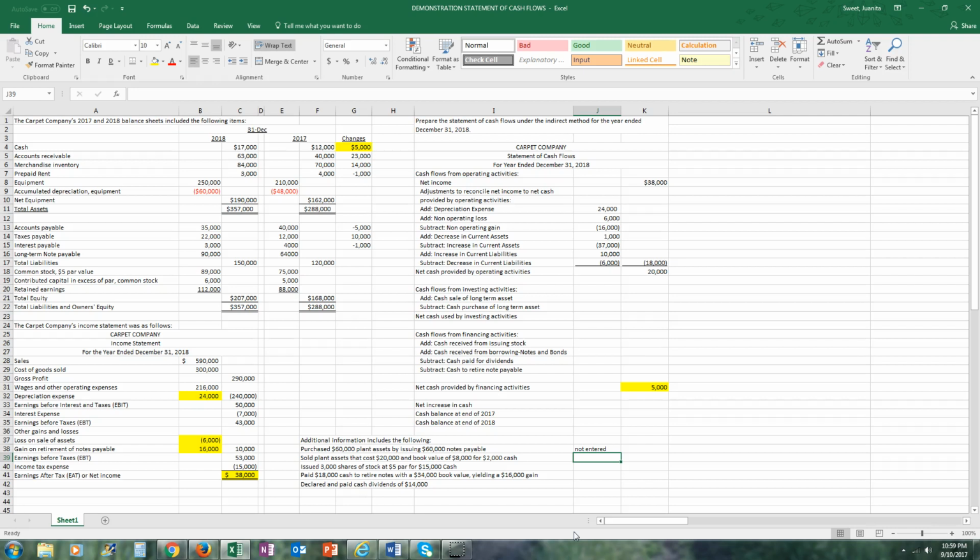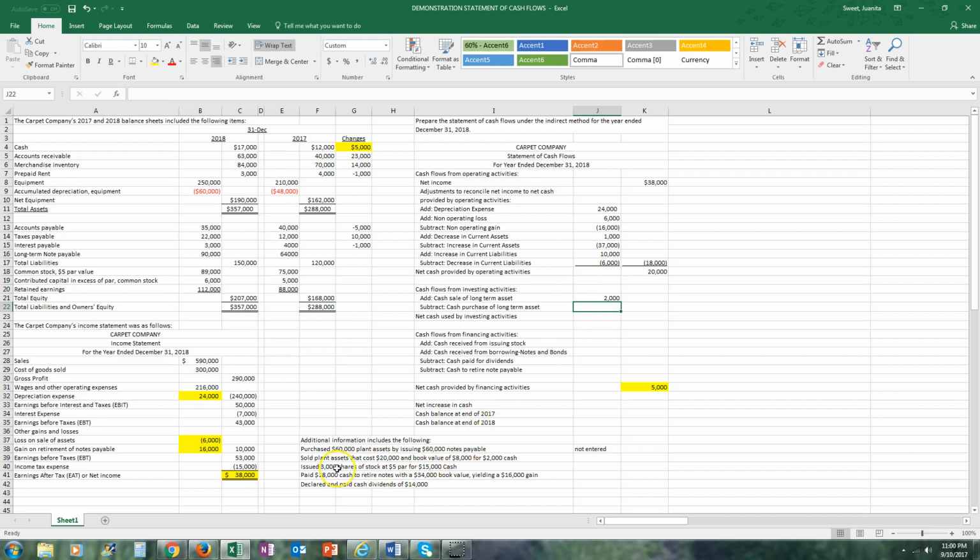The next thing we see is that we sold assets that cost $20,000 with a book value of $8,000. We sold them for $2,000 cash. The only important number there is that we sold them for $2,000. We're not going to worry about the loss because we're only looking for the cash, and that's why we added back the loss in the previous operating section.